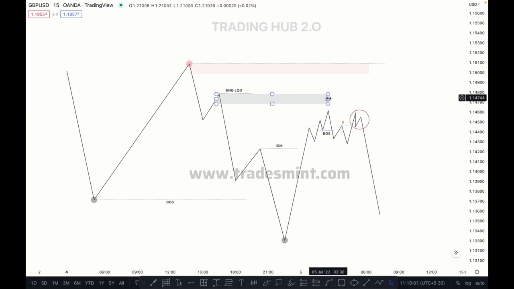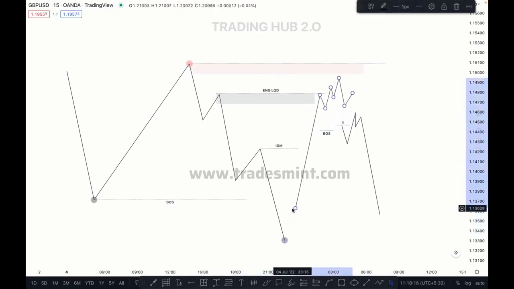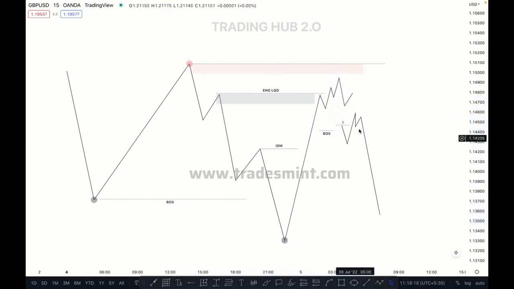The same thing applies here. After taking out this high, which is here, which is the engineering liquidity, if the market wants to go downside and the supply zone is here, okay, then what criteria should you follow? The same thing will apply here, like this, correct?